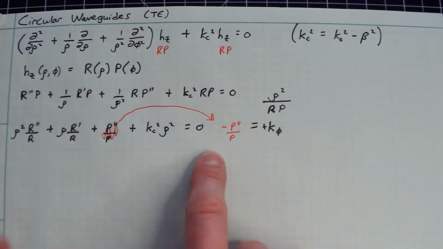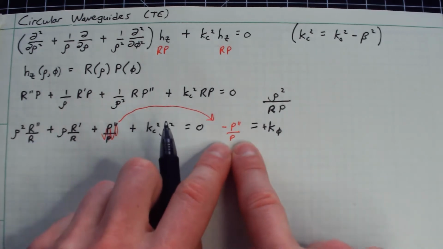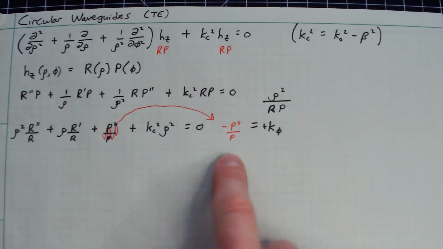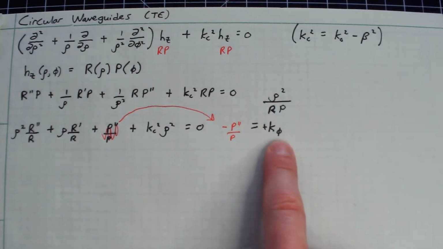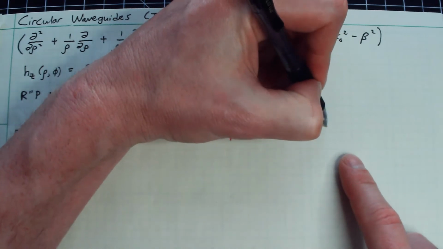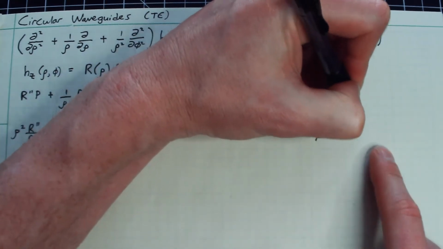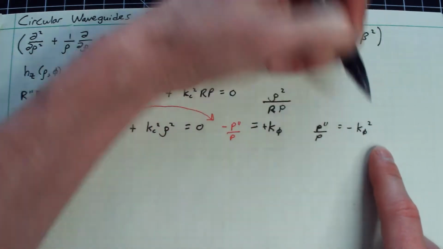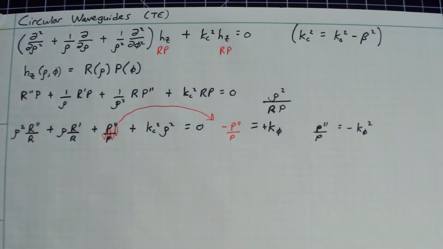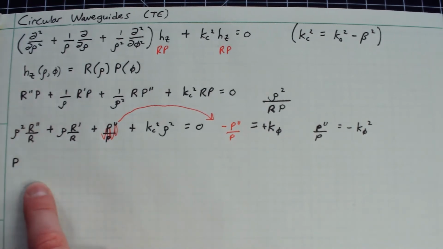So here is a function of rho equal to this constant, and there is a function of P also equal to the constant. Let's start by exploring this little differential equation, which simply evaluates to P double prime over P equal to negative k sub phi squared. That is a very simple ordinary differential equation, so we can skip right to the solution.